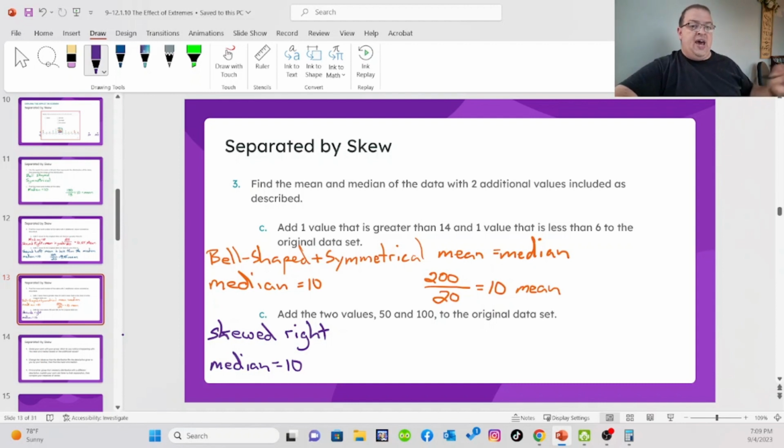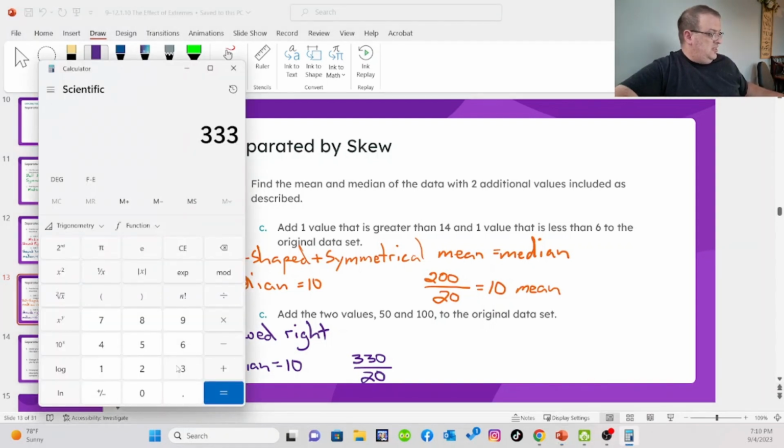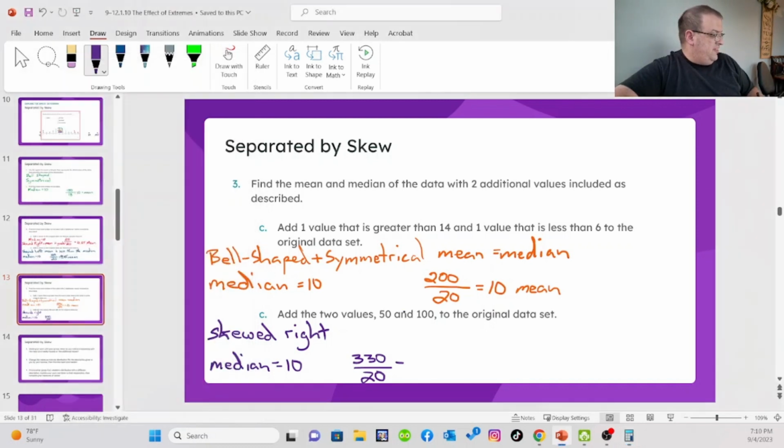However, when I add these points to my original 180, 180 plus 100 is 280. 280 plus 50 is 330. So when I'm calculating my mean, I now have 330 divided by the 20 points, and that equals 16.5.